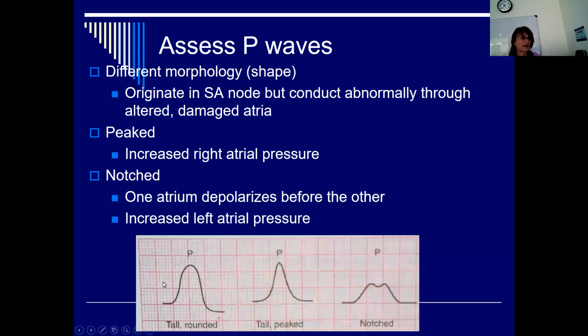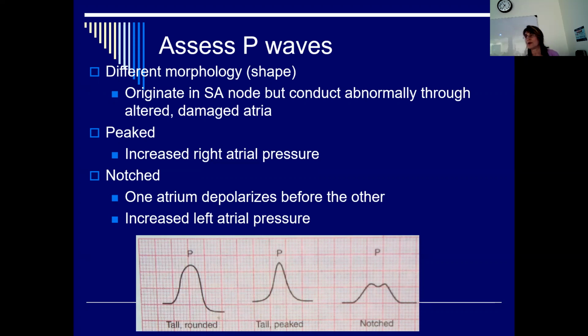At the bottom, it's showing how a P wave can be really tall and rounded, and there's no explanation for why. A peaked P wave comes if the right atrial pressure is really high.